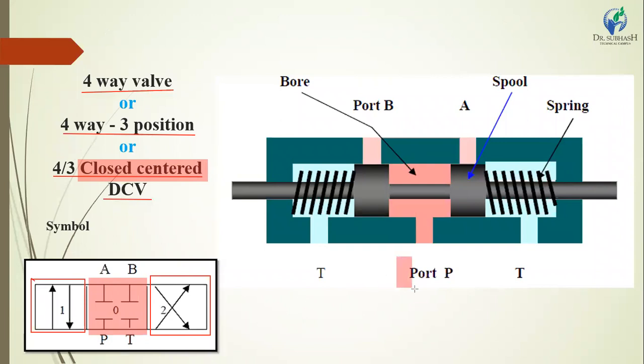Here the oil passes from the hydraulic pump to P and enters the direction control valve. Then the spool closes all the ports. That means the oil passes from the port into the direction control valve, but the oil does not pass out of port A, port B or tank T. The oil is closed inside the direction control valve.